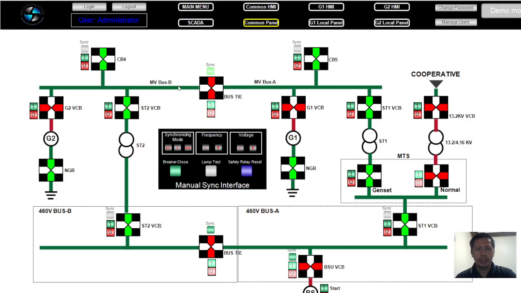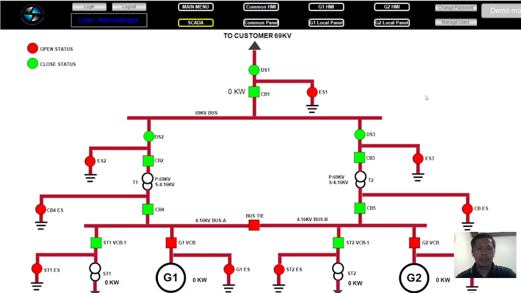Also in this area, we can try to close this breaker for the bus tie, but both buses have a protection. So we click this, and there's no reaction. That's part of the protection. So back to the SCADA, as we can see, the station service for generator 1 is now live, and for generator 2 is live.